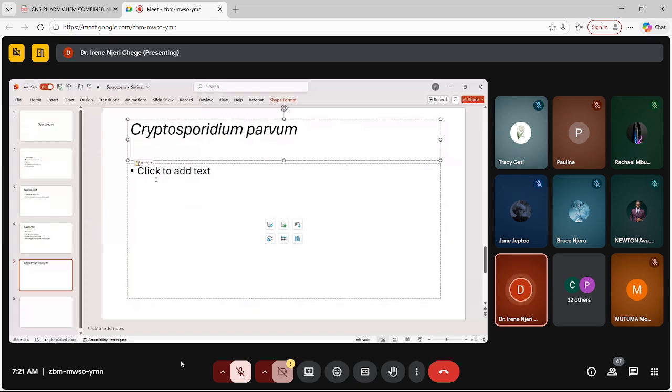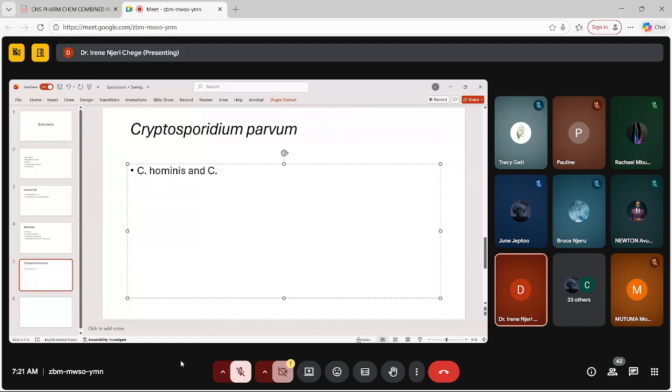It is caused by Cryptosporidium parvum. It can also be caused by Cryptosporidium hominis. These are the causative organisms.